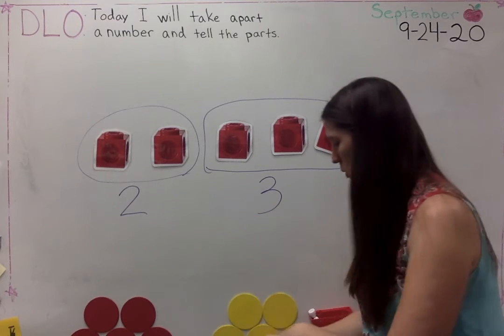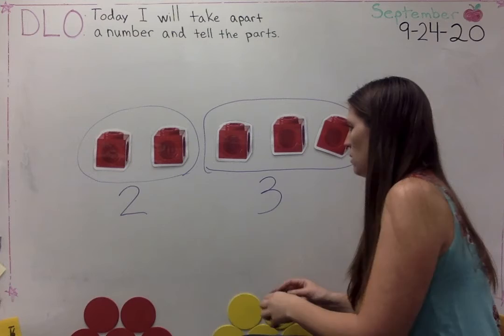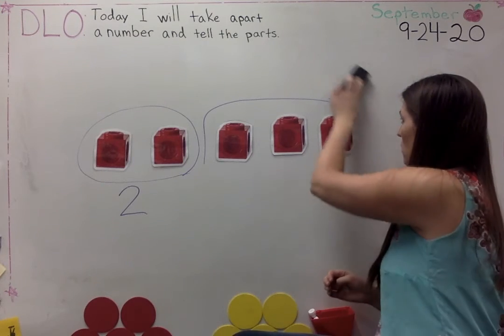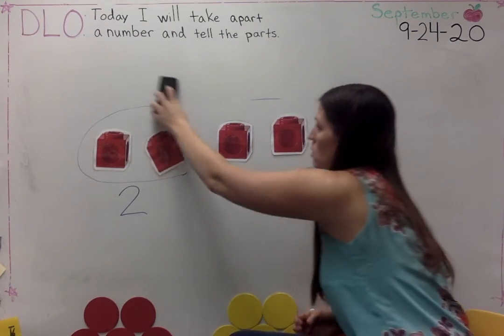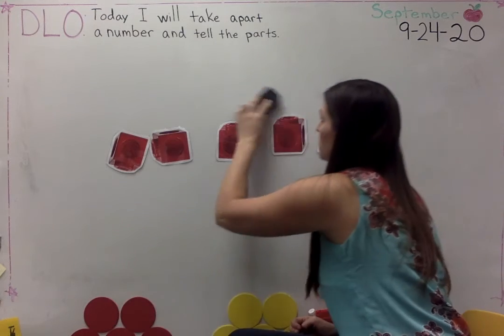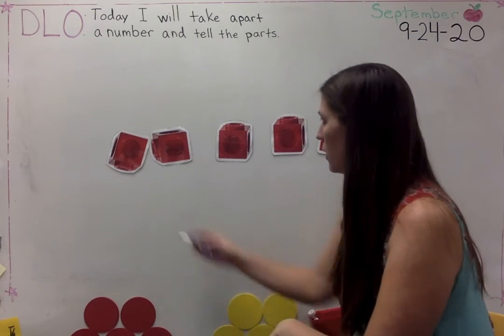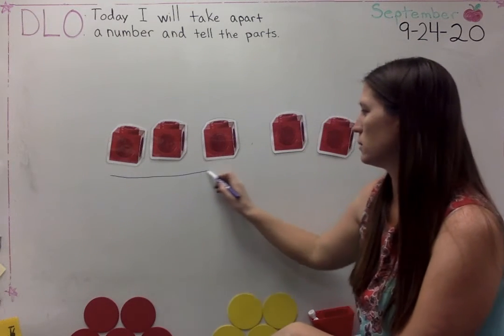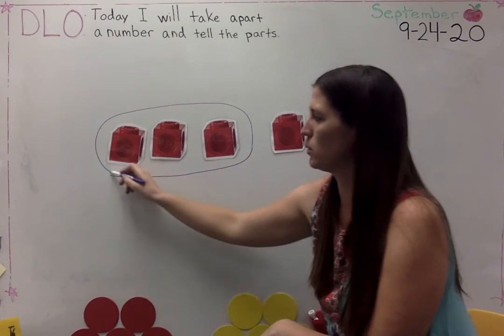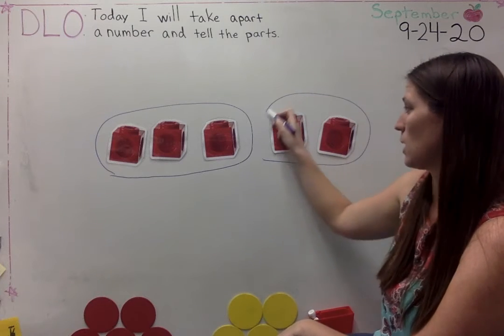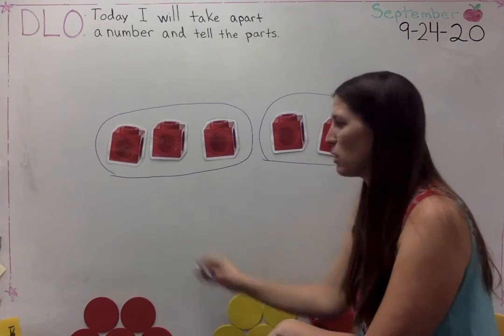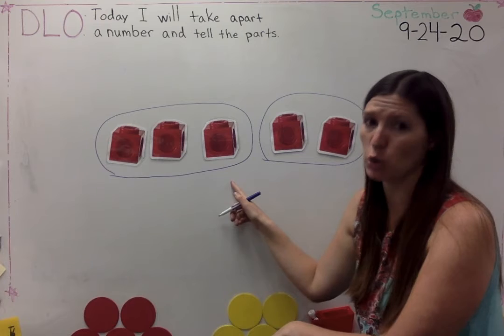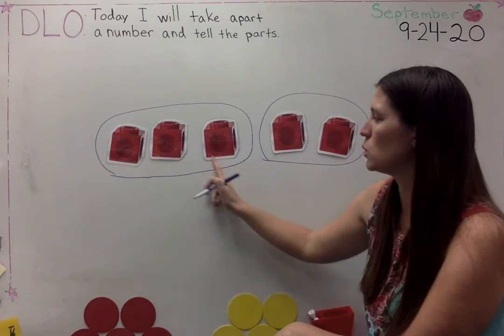All right, let's do another one. Erase, erase, erase, erase. Okay. How about this group? Might look the same as the last one, but it's slightly different because my first group this time has 3. Let's count. 1, 2, 3.